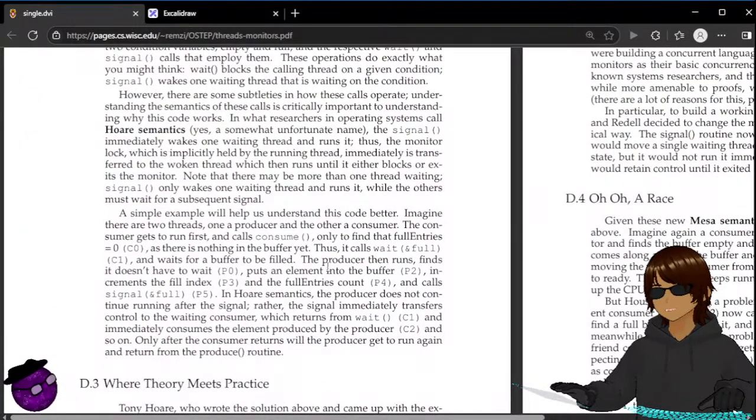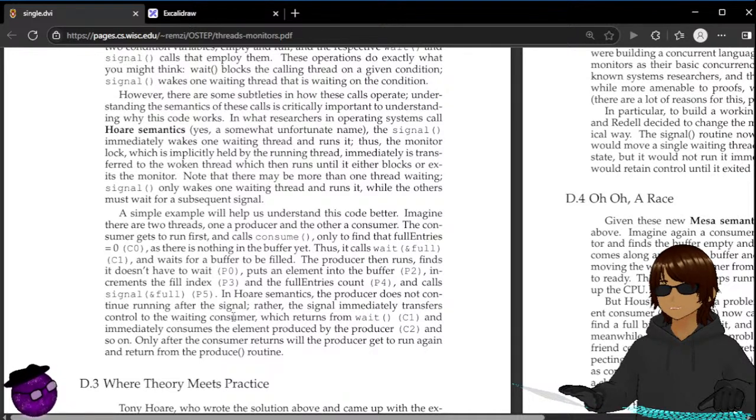Producer then runs and finds it doesn't have to wait, then puts an element into the buffer. It increments the fill index and the full entries count, and calls signal full. In Hoare semantics, the producer does not continue running after the signal; rather, the signal immediately transfers control to the waiting consumer, which then returns from wait and immediately consumes the element produced by the producer, and so on.